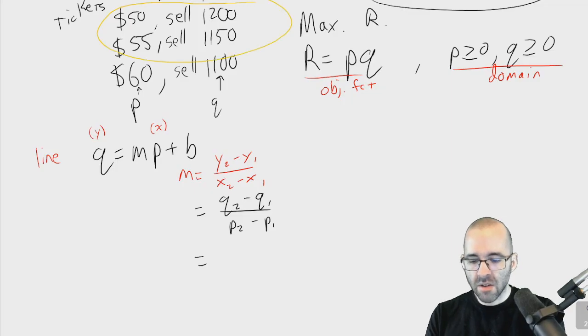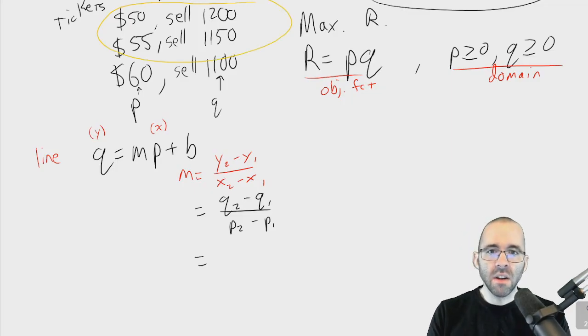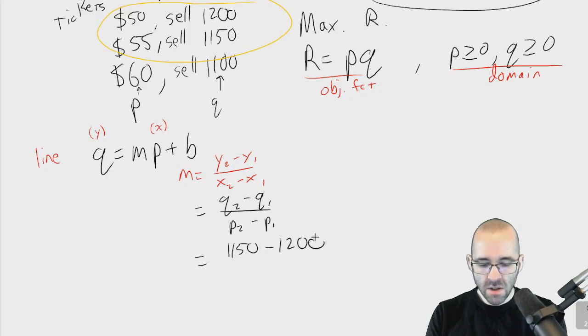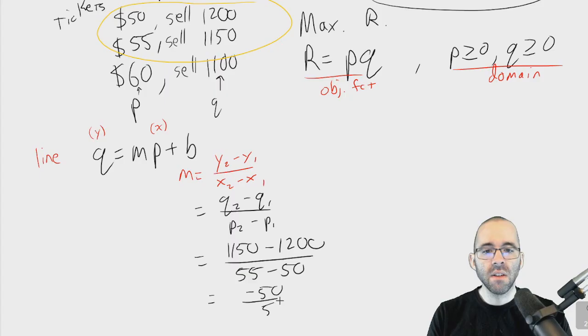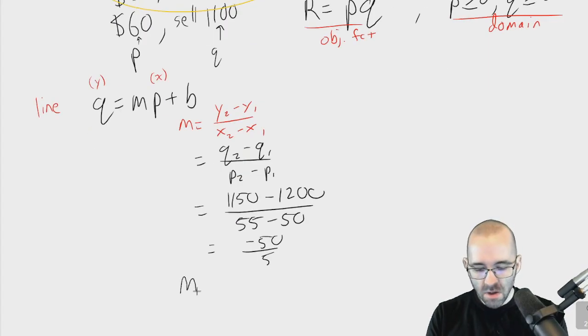Look at these two right here. The second quantity is 1,150. The first quantity is 1,200. The second price is 55. The first price is 50. We're going to get negative 50 over 5. Our slope is negative 10.